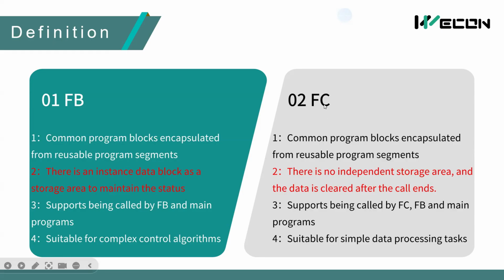But in function we can't call another function or another function block. And the last is, function block is usually suitable for some complex control, but function is mainly used for some simple data processing tasks.